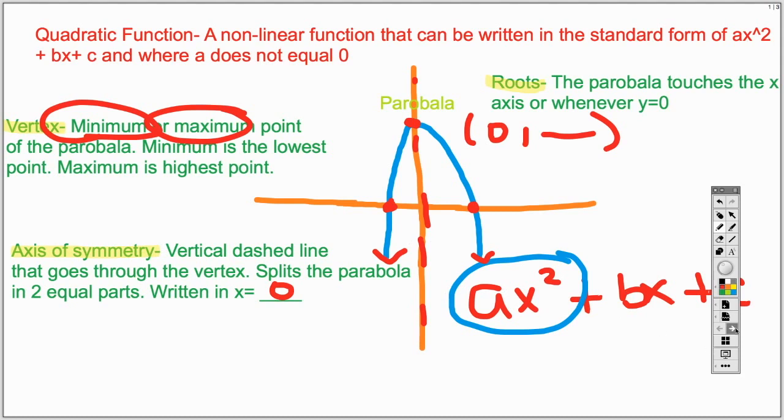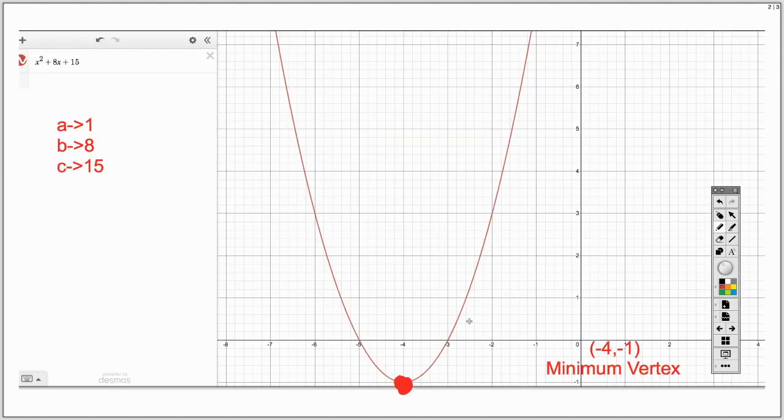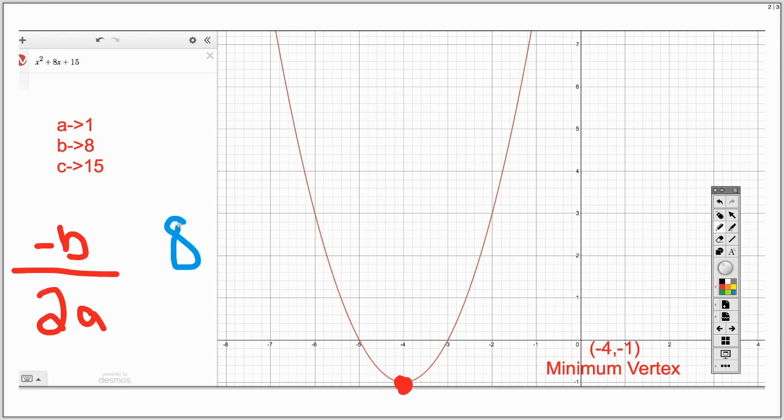I could maybe try to find that perfect point, but there is a formula for the axis of symmetry, and that formula is -b divided by 2a. For example, b is 8, but the negative means to make it opposite.